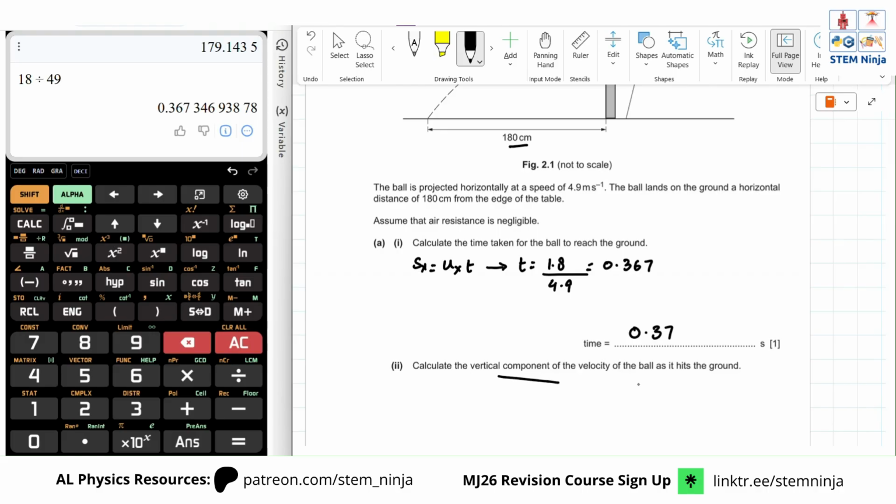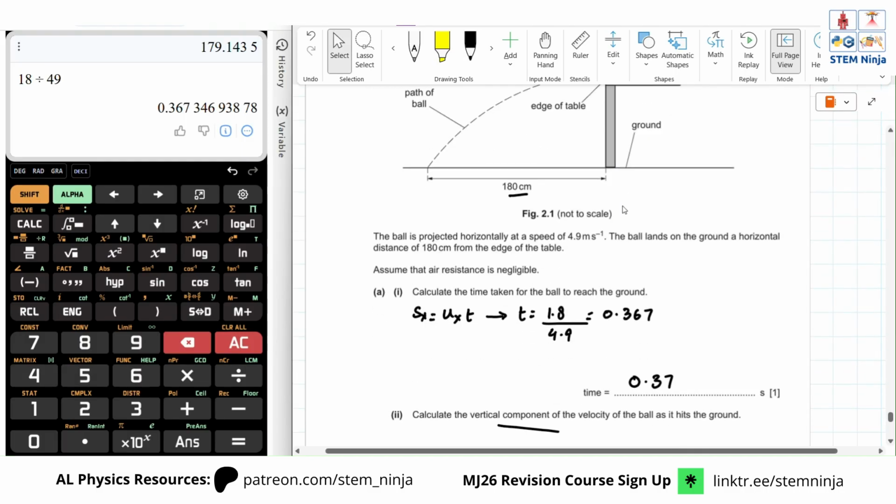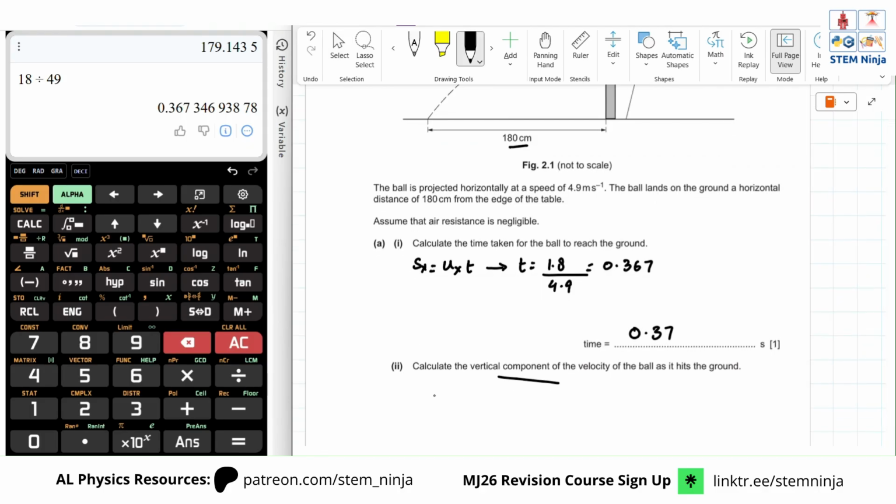Calculate the vertical component of velocity as it hits the ground. So initially the uy is 0 and it gains speed due to acceleration. So Vy = uy plus gt, because if we just consider the downwards motion we can add a plus instead of minus.